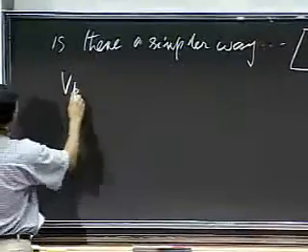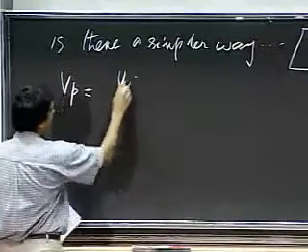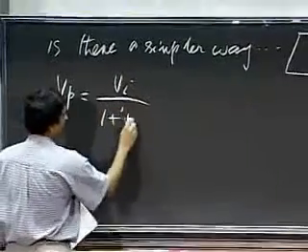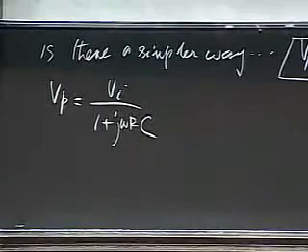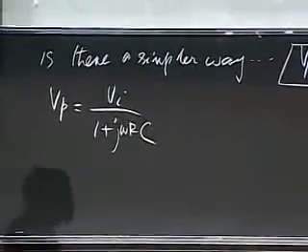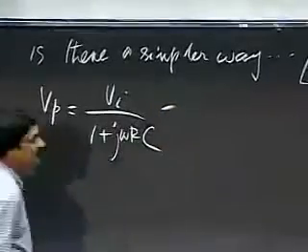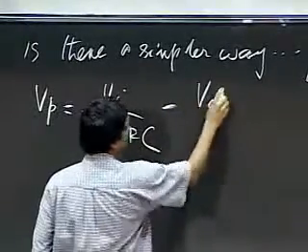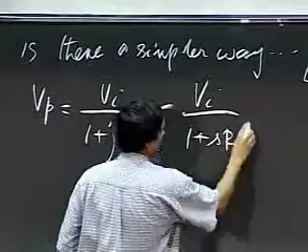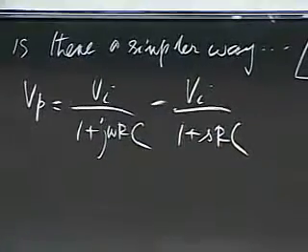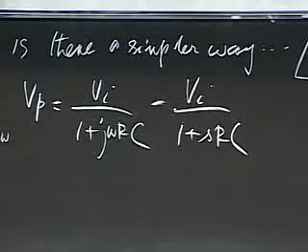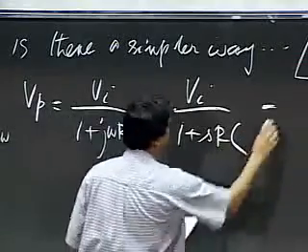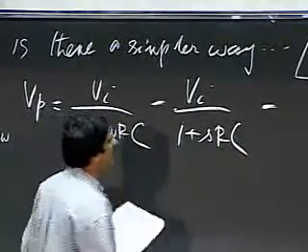To build some insight, let's go ahead and write this down. Let's stare at this for a while longer and see if light bulbs go off in our minds. So I can write this as, I just replace s as shorthand notation for j omega, and I simply divide by SC throughout.